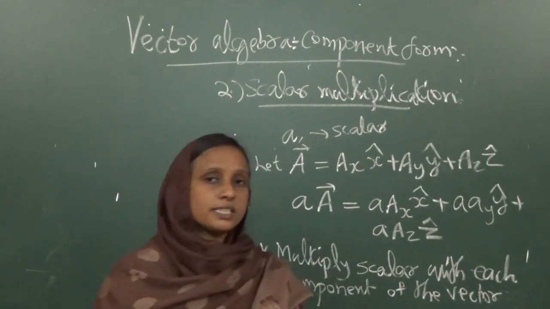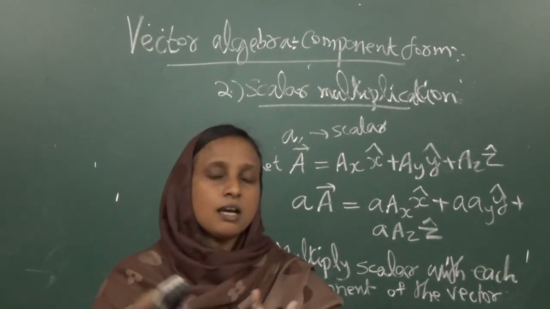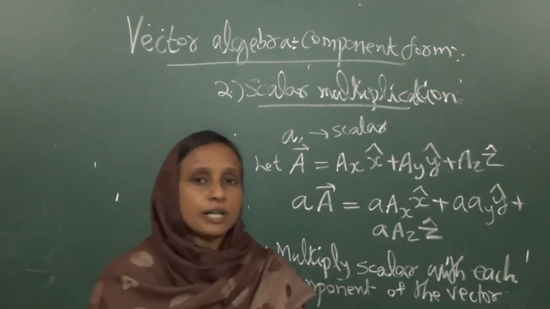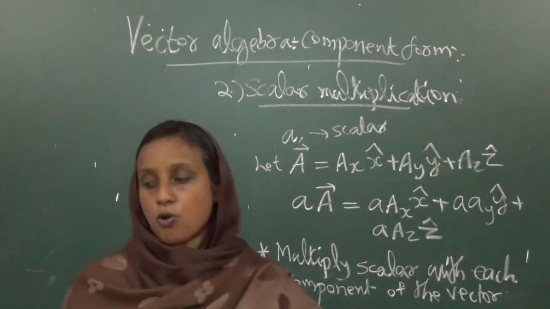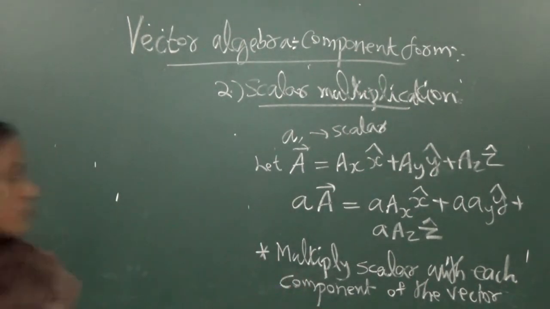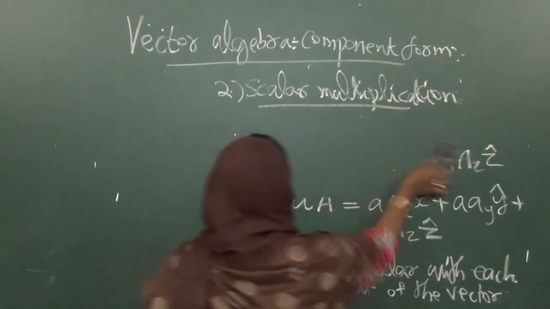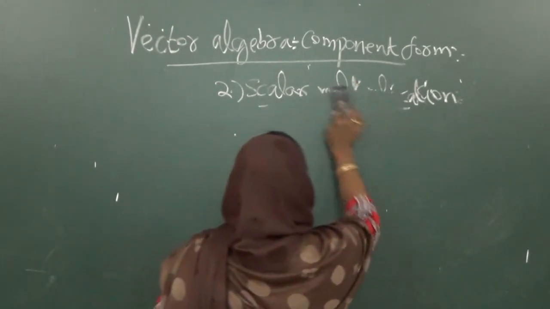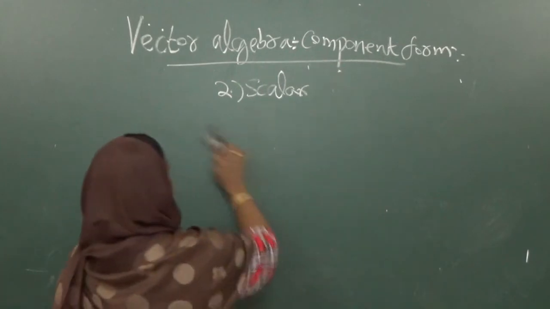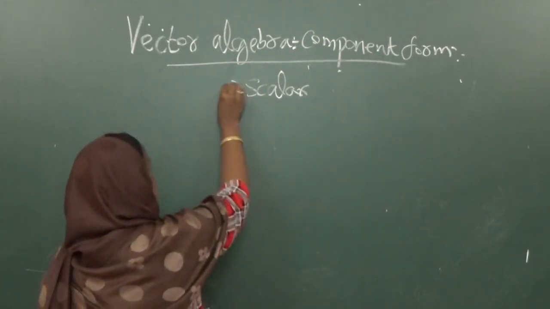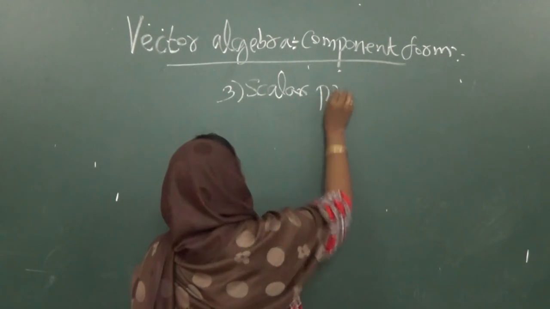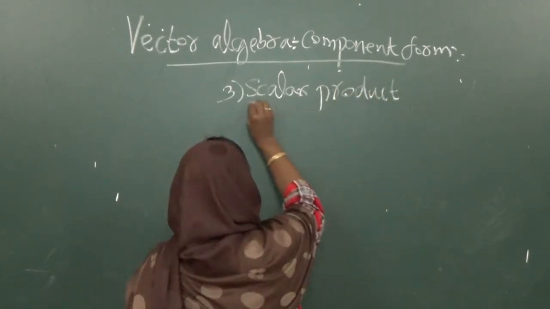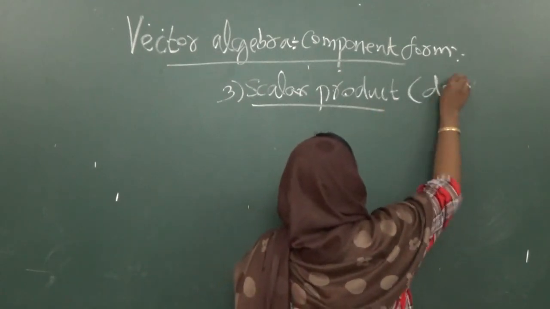Now we have already studied two operations, vector addition and scalar multiplication. The third operation is scalar product or dot product.